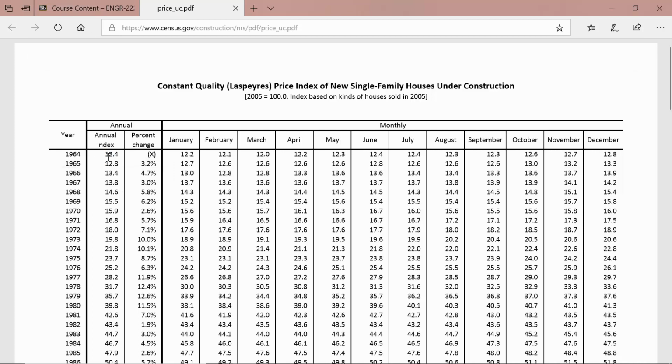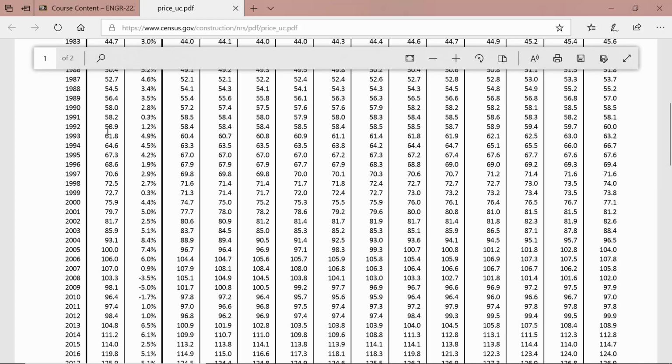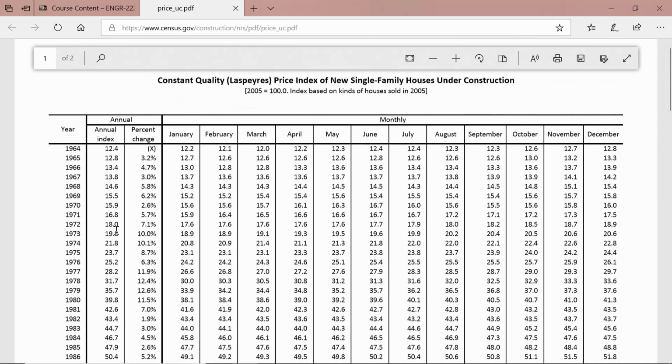And so just to tell you what it would mean, if a house cost $12,000 back in 1964, and that's maybe a pretty average price for a house in 1964, then you can see that the price is increasing over time due to inflation. And what they've done is they've set the baseline to be 2005.